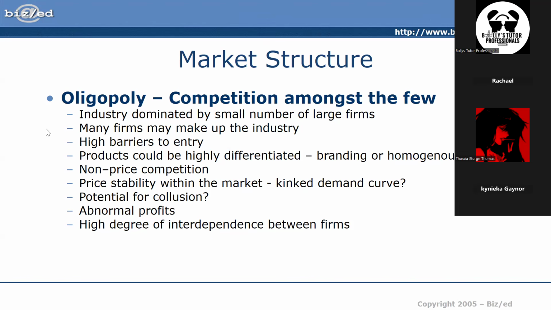Right? The products could be either one. It could be completely the same, or it could be differentiated. Right? It could be either one. And they compete a lot, but a lot of the times they compete without using price.